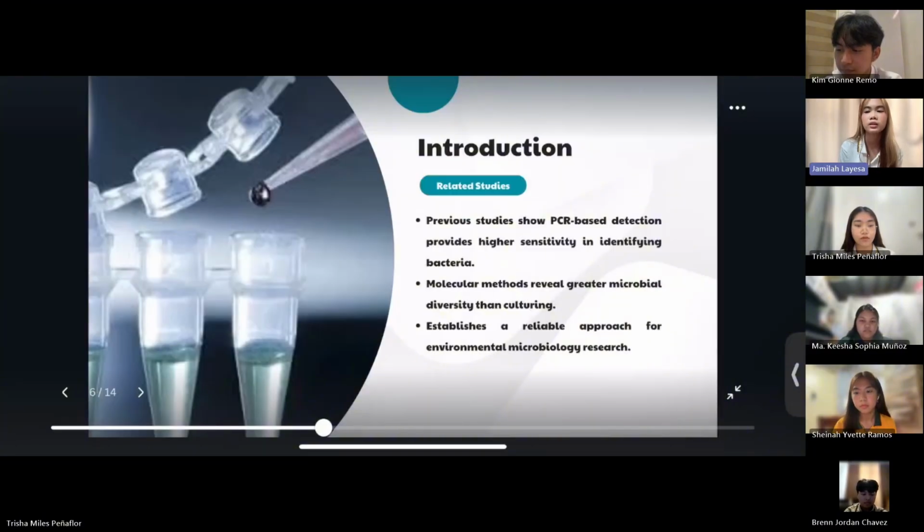Since PCR targets bacterial DNA, it can detect both living and non-culturable bacteria, providing a more accurate and comprehensive picture of microbial communities in water systems. Overall, these findings confirm that PCR-based detection is an effective and precise method for studying environmental bacteria.